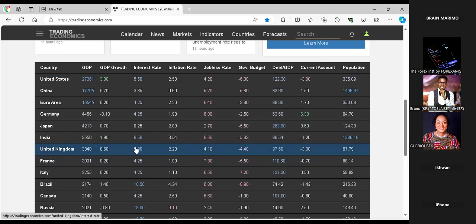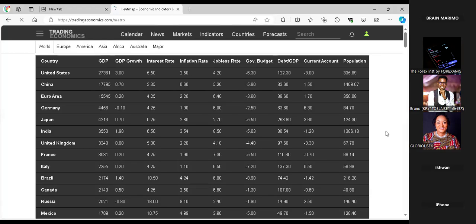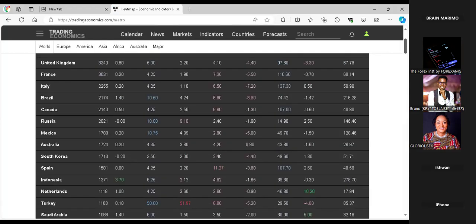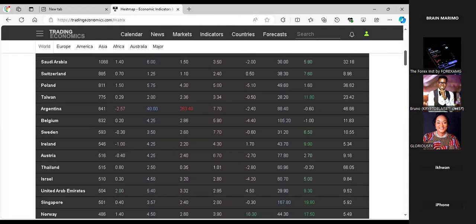And I think somebody who's been lowering interest rates for quite a bit is the Swiss franc. Let's see where they're sitting, because they're one of the first to cut this year. Switzerland, where are you? They're sitting at 0.7.